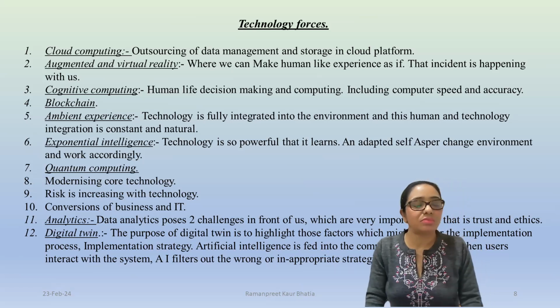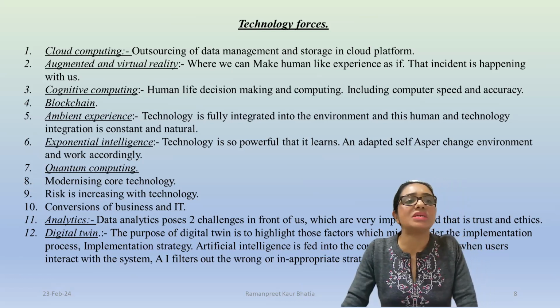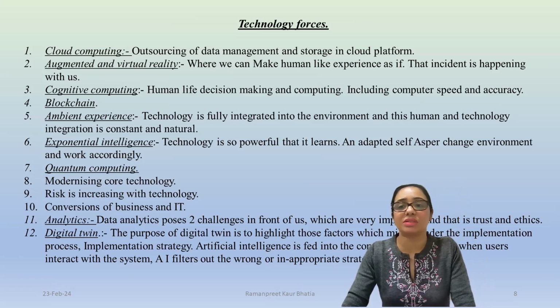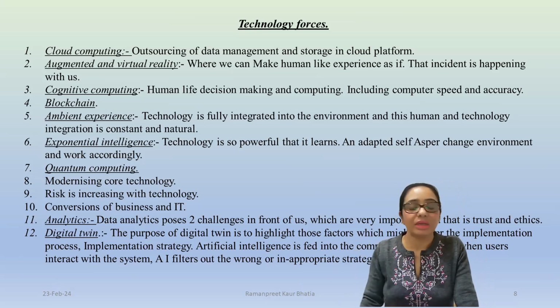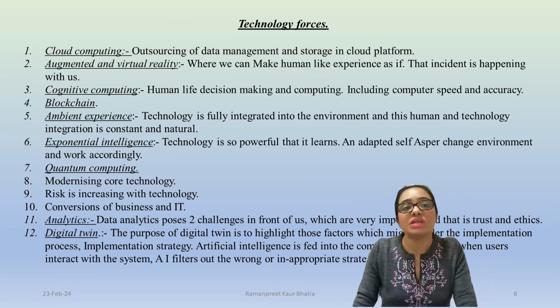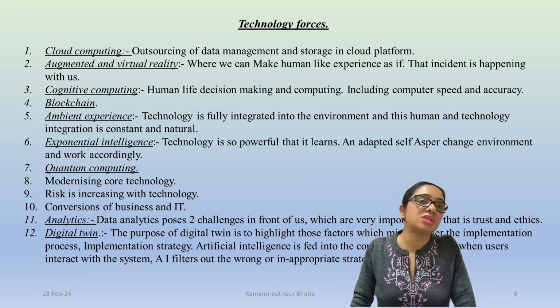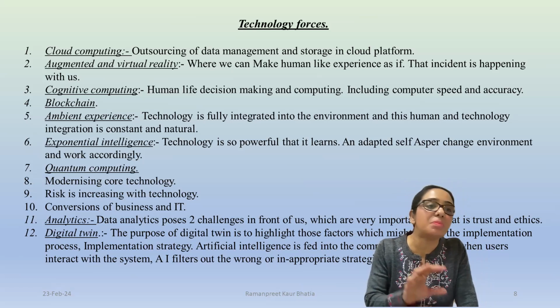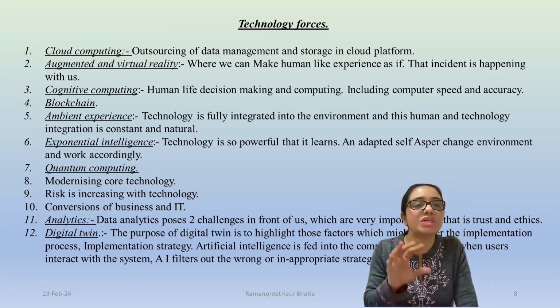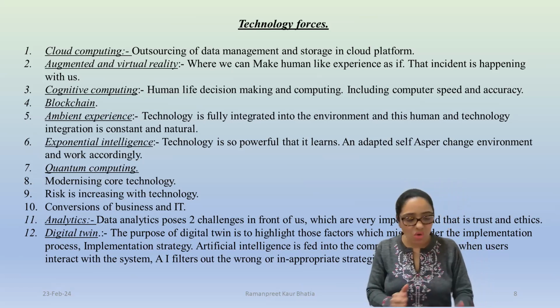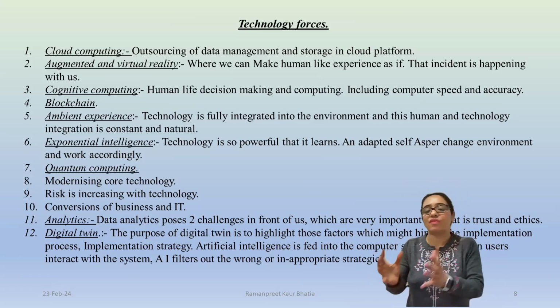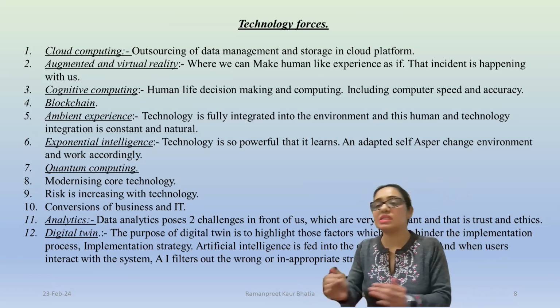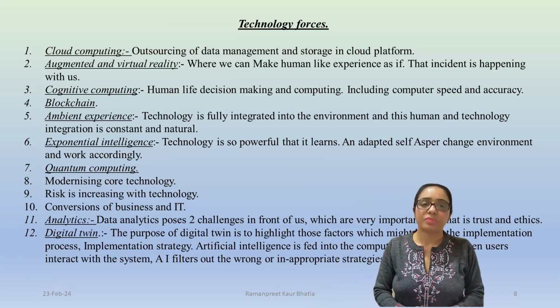Right? So I'll explain digital twin once, because this term will come in further modules also. What is digital twin? The purpose of digital twin is to highlight those factors which might hinder the implementation process, the implementation strategy. What happens is all the artificial intelligence is fed into the system. Users interact with the system.